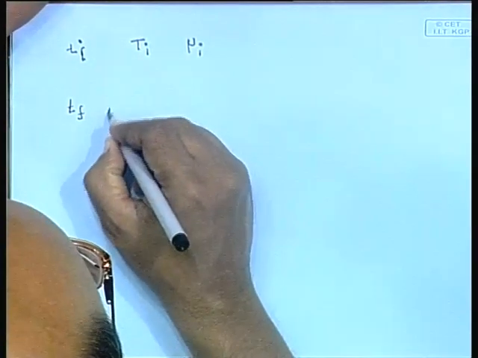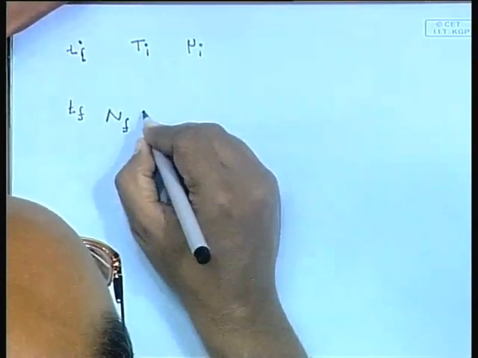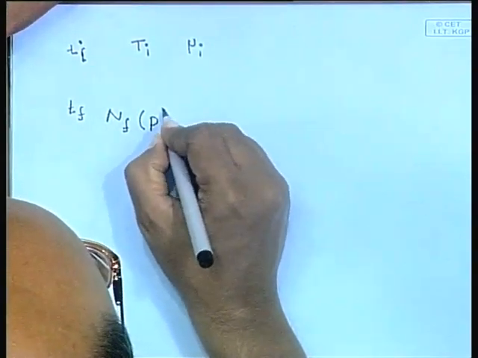So, we would like to calculate N_f, the final distribution, as a function of p at a final time.